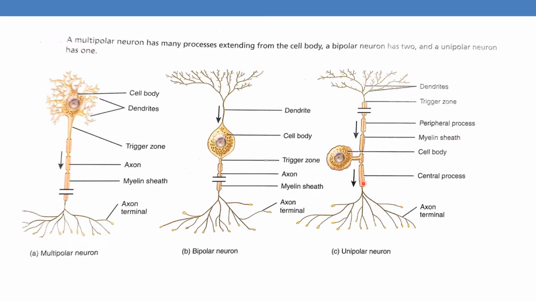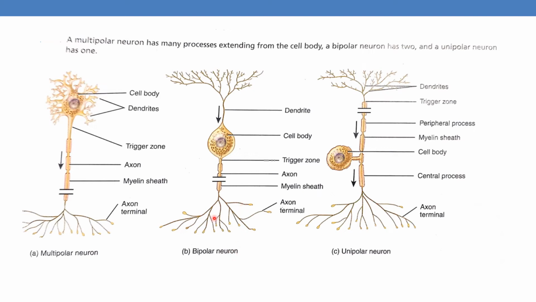Here axon and dendrites are fused together to form a single process. The trigger zone in unipolar neurons is at the junction of axon and dendrites. This is the axon and this is the trigger zone.